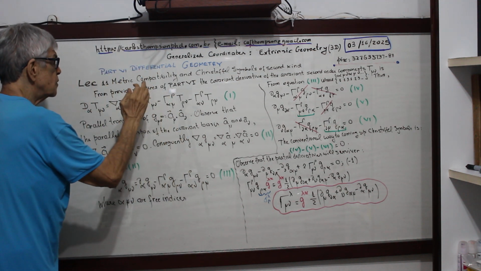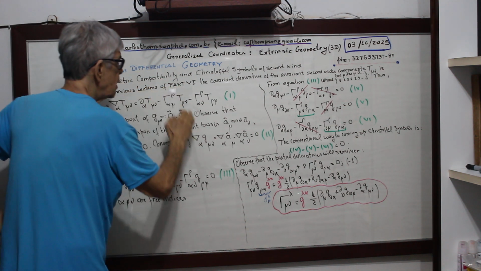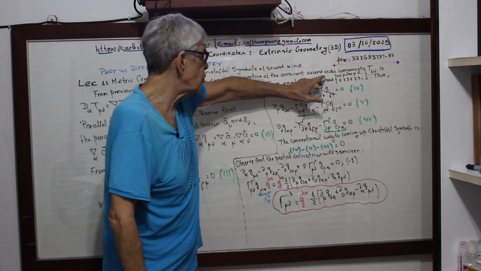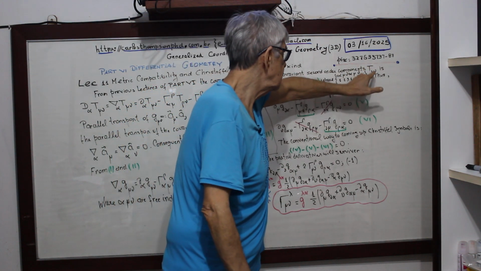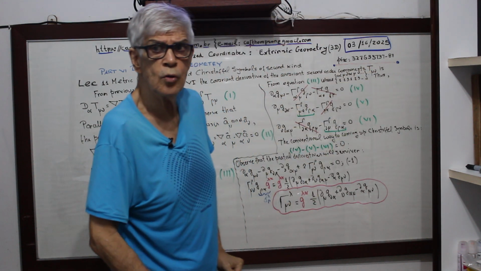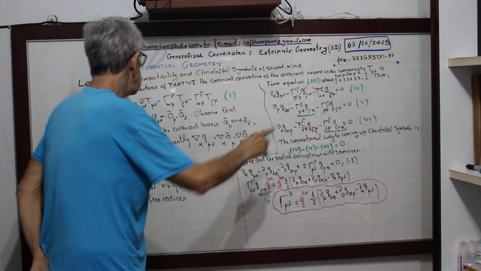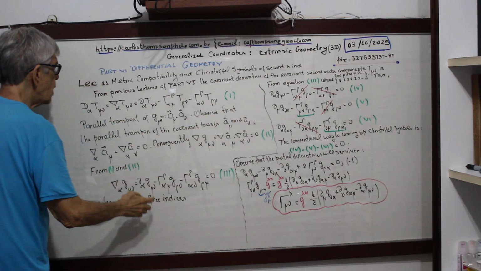From previous lectures of the same part, part 6, the covariant derivative of the covariant second order components T_μν, where μν are lower indices, is given by this relation 1.